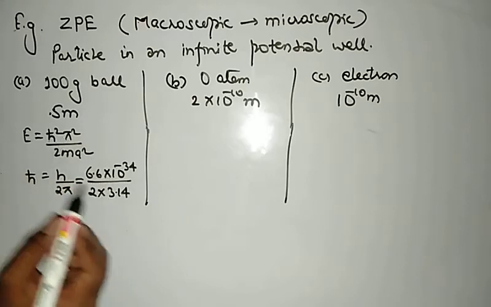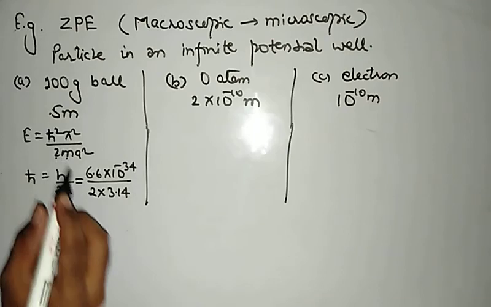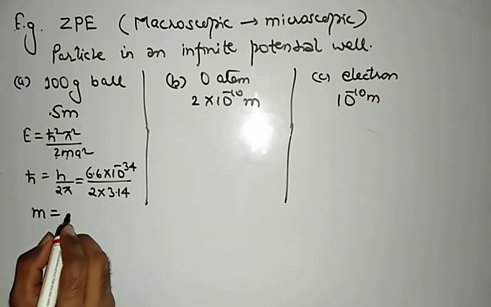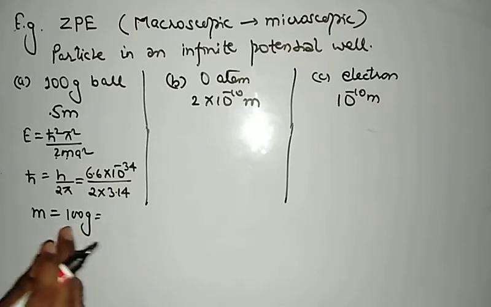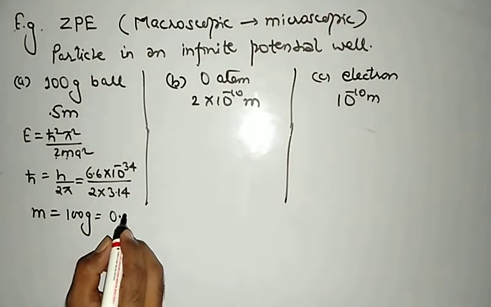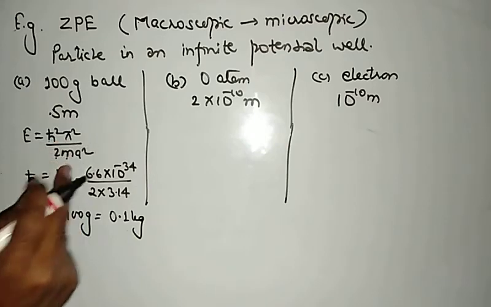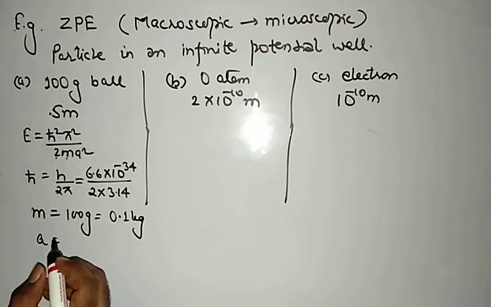What is the mass? The value of m will be 100 gram, which can be converted into 0.1 kg, and a will be in meters. Obviously this is 0.5.